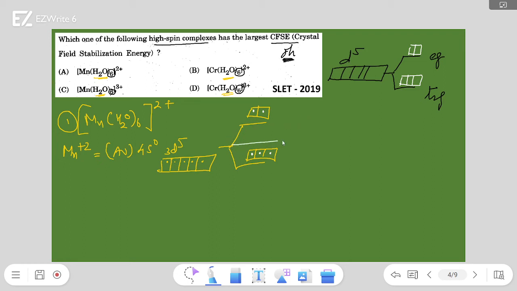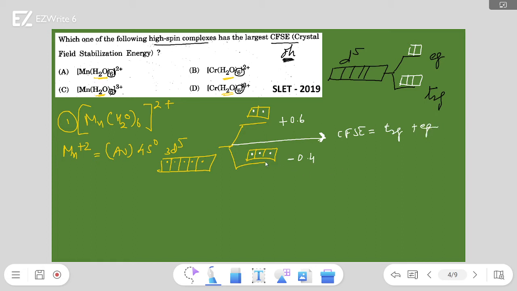Now, as we all know, each electron in the lower state has some value of energy, and each electron in the higher state has some energy. Each electron in the lower state has minus 0.4 energy, and each electron in the higher state has plus 0.6 energy. Now, to calculate CFSE, I simply add t2g plus eg.